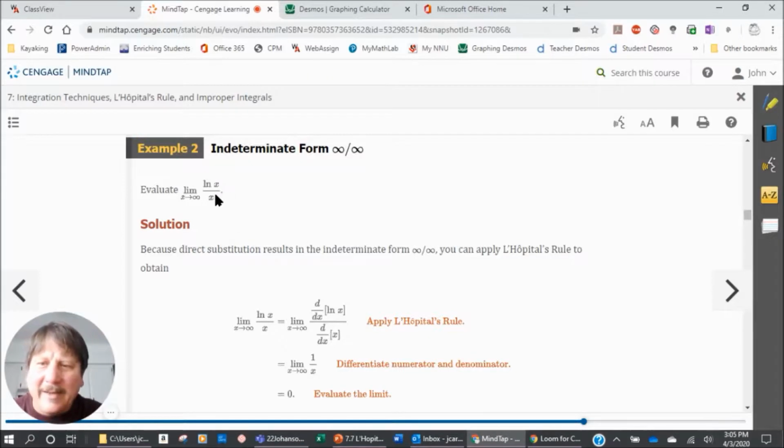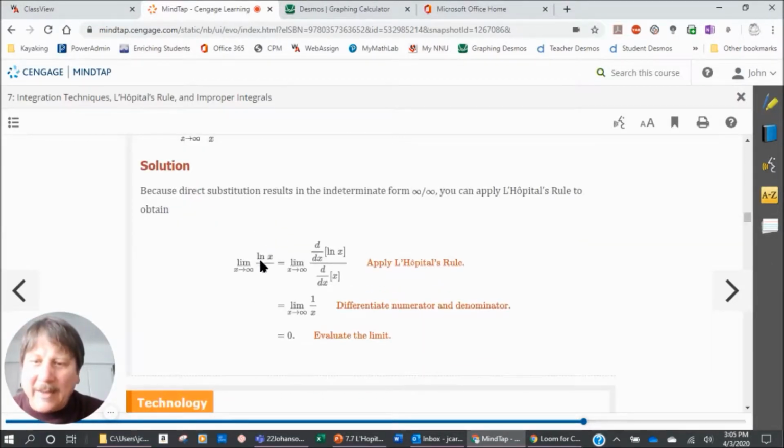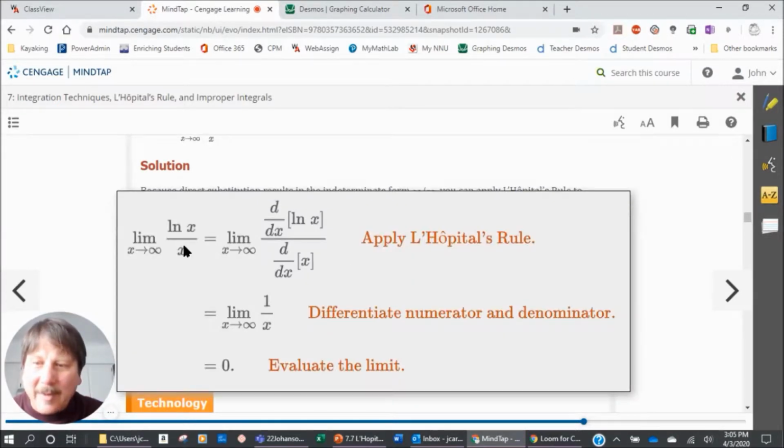So here's a second example, very similar. We should verify that it is of the right form, but as you let x go to infinity, well, the natural log of big numbers is a big number, and then of course that's infinity, and then just letting x go to infinity is infinity. So again, they just do the derivative of the numerator and the derivative of the denominator.